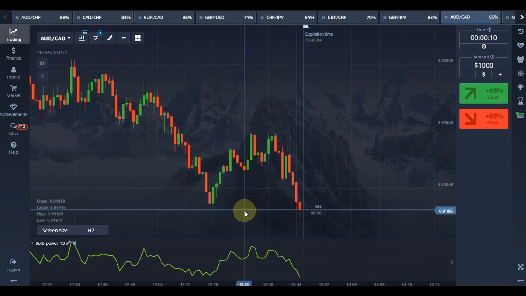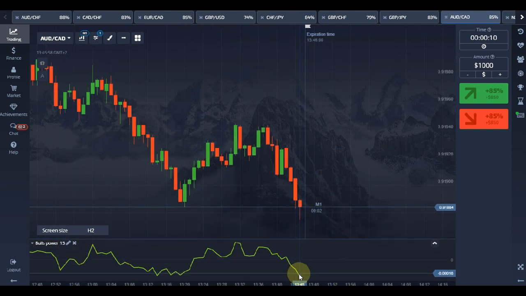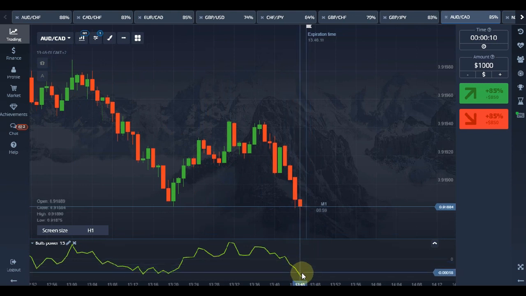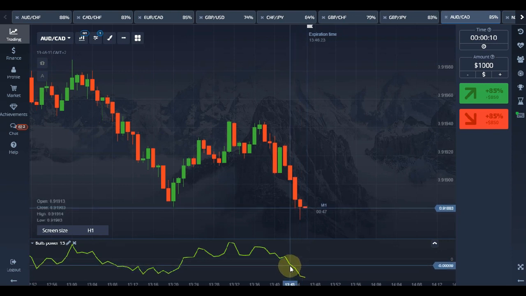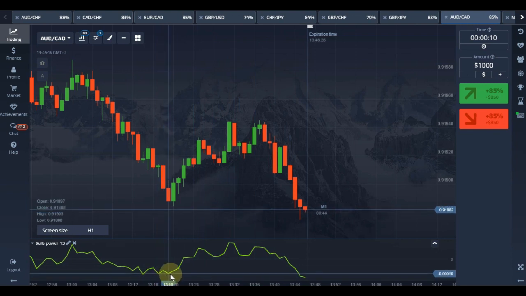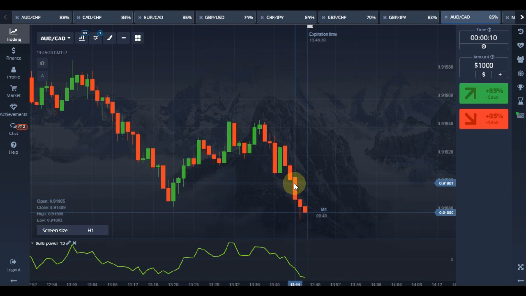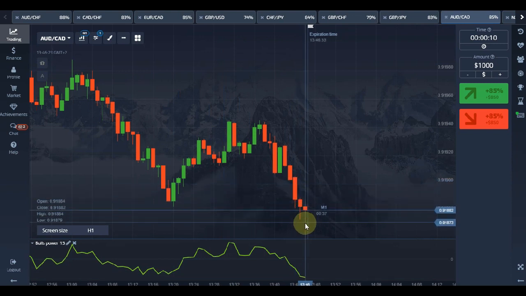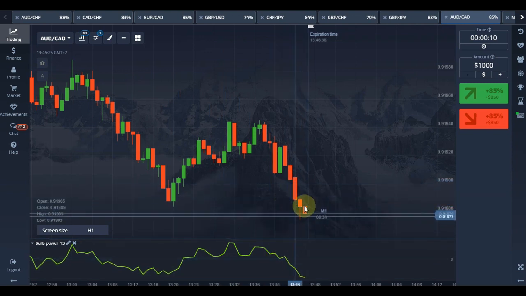This strategy is with the bull's power, where the bull power shows it going down. Here I take the trade for 10 seconds because the bull power shows the level of this one, then the market goes down, so I have put there for lower.